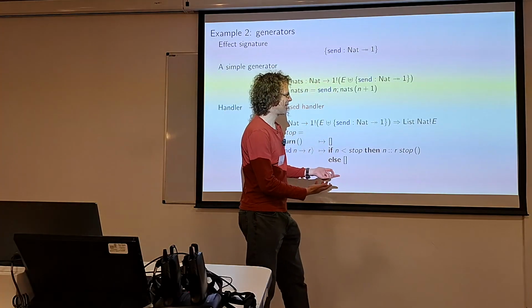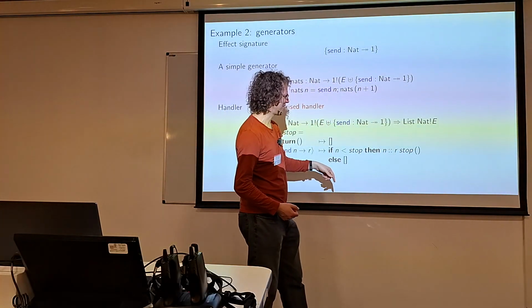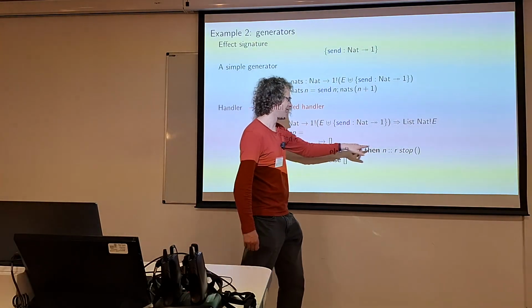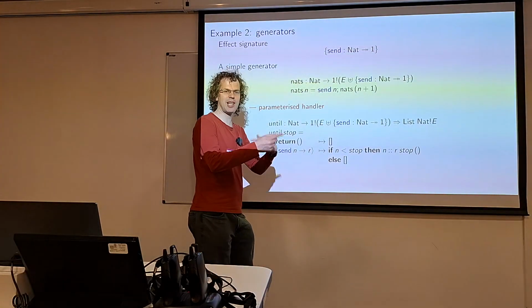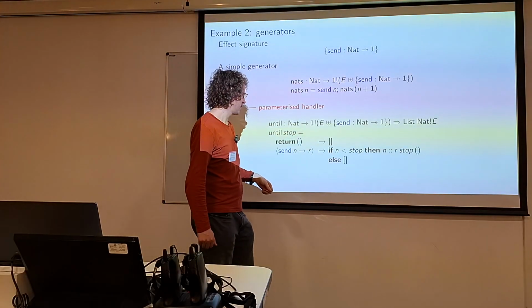But with parameterized handlers, you also get to update this parameter. So the reason I said this doesn't actually need to be a parameterized handler is that stop doesn't change. But this would allow us to update some sort of state each time you handle the operation.